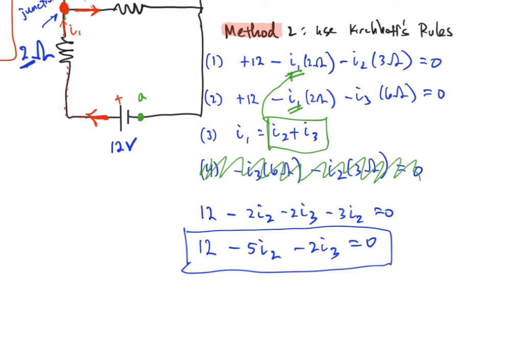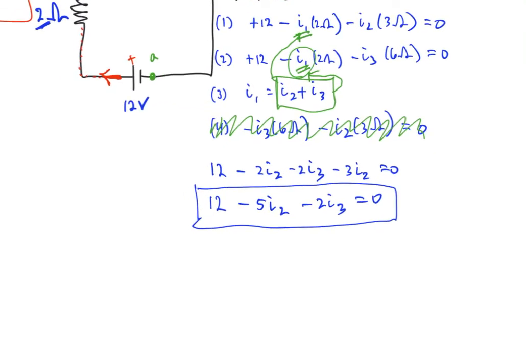So now I'm going to do the same substitution as before, plugging I2 plus I3 in for I1 right here. And I'm going to get 12 minus 2I2 minus 2I3 minus 6I3 equals 0.